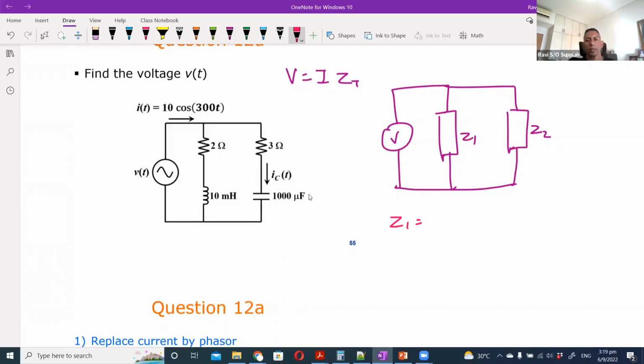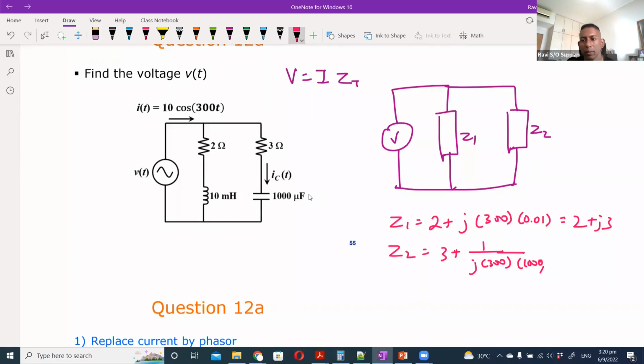So Z1 will be 2 plus J omega L. Omega in this case is 300, and with 0.01 that should give me 2 plus J3. Z2 will be 3 plus 1 over J omega C, with C being 1000 micro. That will give me 3 minus J 10 over 3.